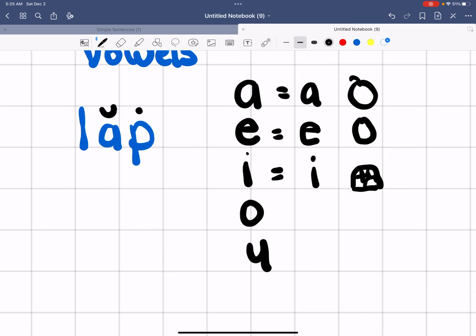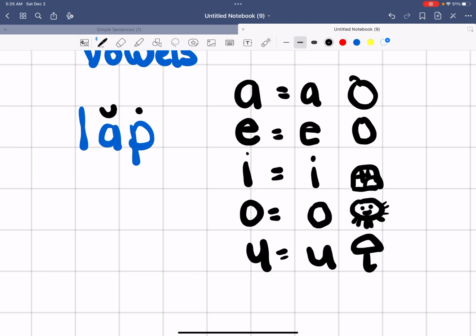For O, it's as in octopus, and an octopus has 8 arms, and that's my octopus. And for U, it's as in umbrella. So these are the short sounds of each vowel: apple, egg, igloo, octopus, umbrella. Those are the sounds we're going to make when we read CVC words.